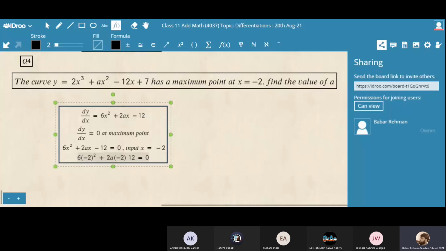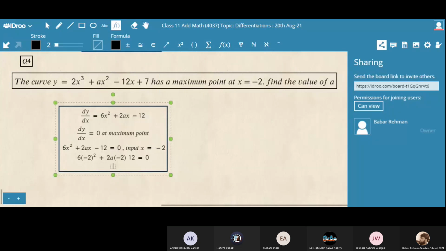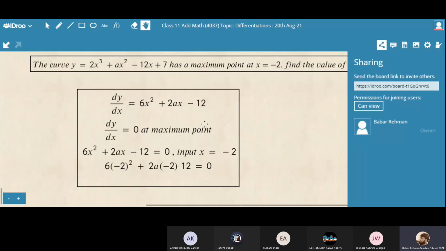Now student, tell me the value of a. Hurry up. Who can tell me the final answer? 12. Yes. Value of a is 12.